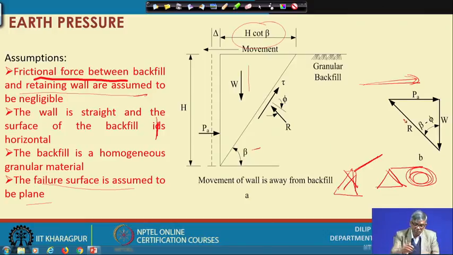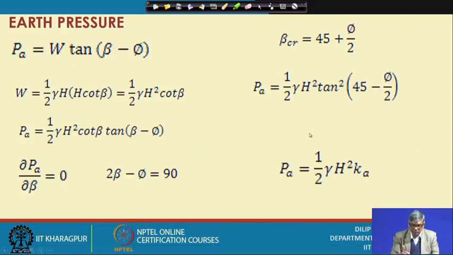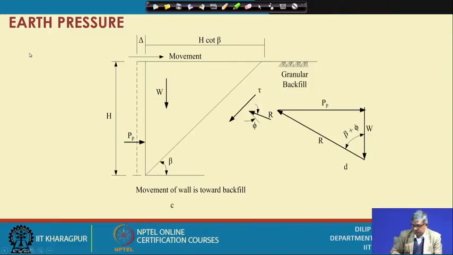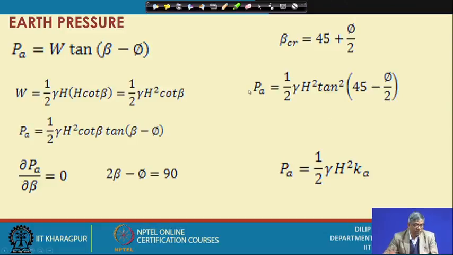If you have this force polygon, then the earth pressure P A will be W tan (beta minus phi).